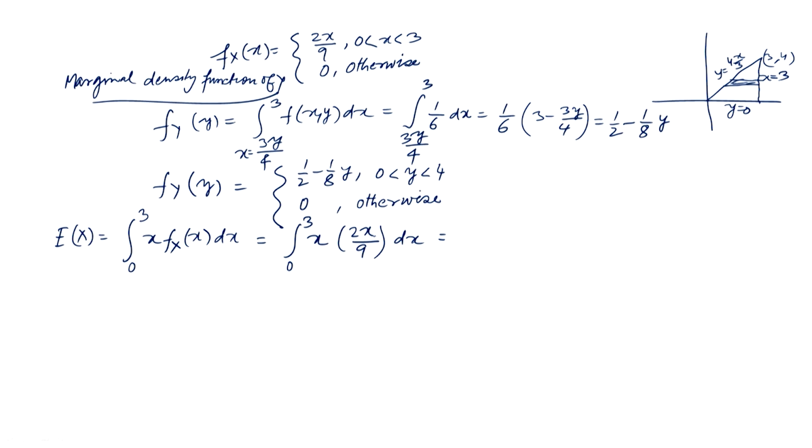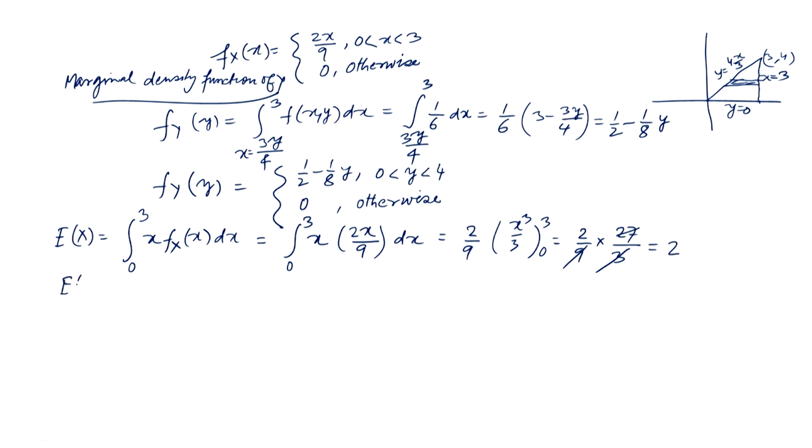So, this is 2x square by 9. So, 2 by 9 times the integral of x square, which is x cube by 3. So, we put the limits and we get 2 by 9 into 3 cube, 3 cube means 27, divided by 3. So, we cancel this and get expected value of x as 2.